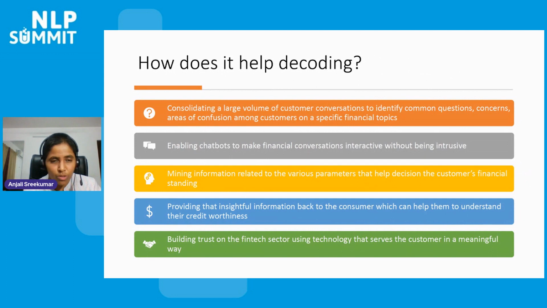So how does all this help with the decoding part of things? The main thing is to help the customers gain more confidence when they are in conversation with a bank or with an insurance provider, and help them feel a level playing ground in order to negotiate a better rate of interest, a better product availability.